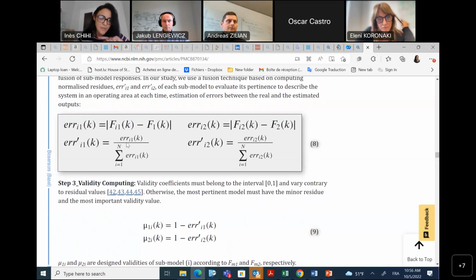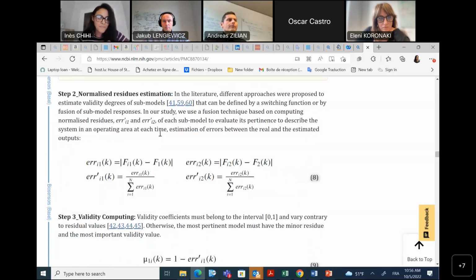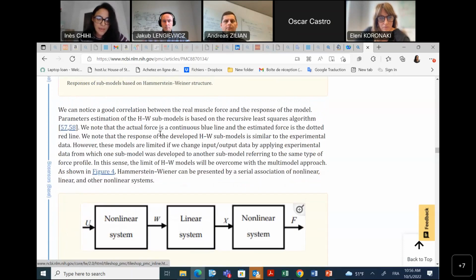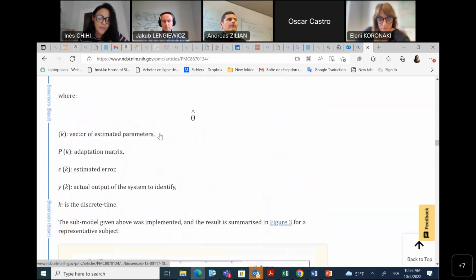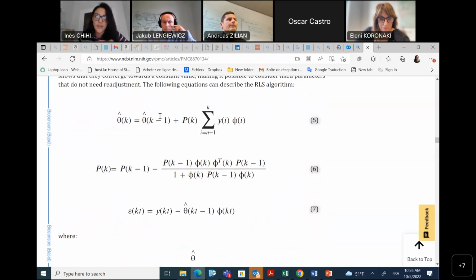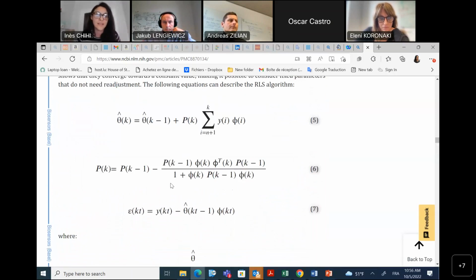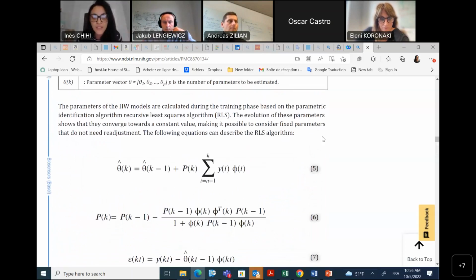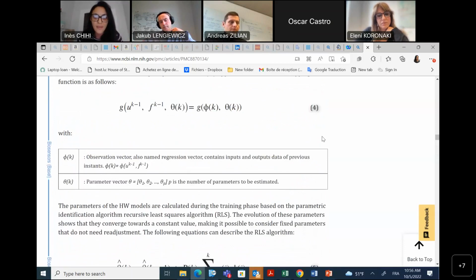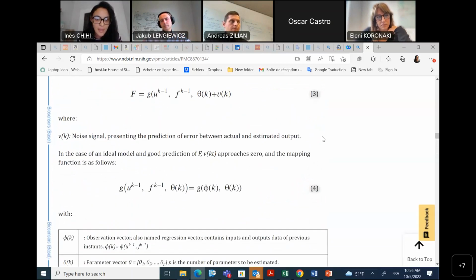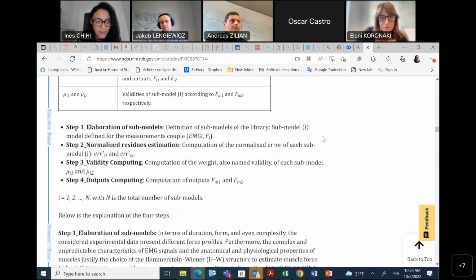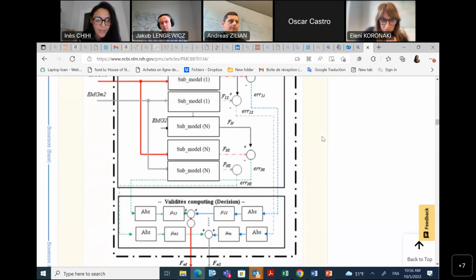It is the normalized error between the estimated force and the real one. This is the equation for how I estimate the parameters in real time, because here I need real-time estimation by recursive least squares, with a fixed forgetting factor.